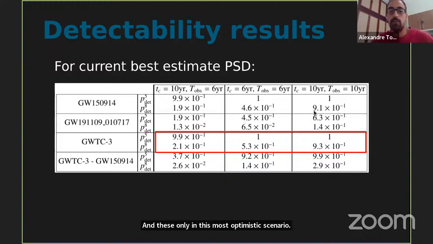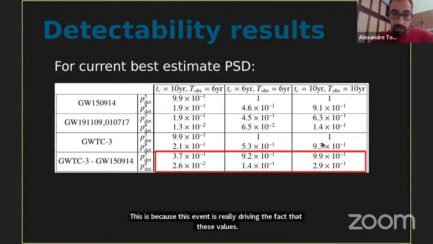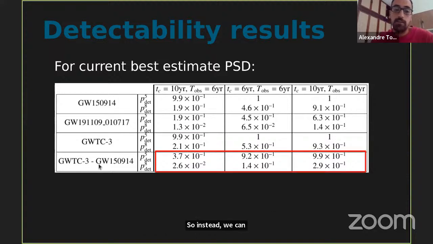And then you can ask the question of the probability of detecting at least one system in the whole catalog released by LIGO Virgo. You can see that the values that I'm showing here are very similar to the ones in the first column. This is because this event is really driving these values. So instead, we can ask the question of detecting at least one system other than GW190914.